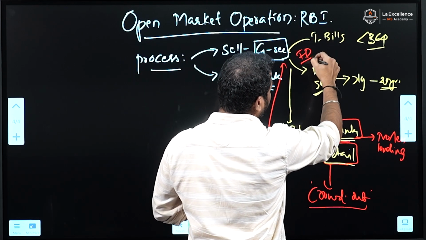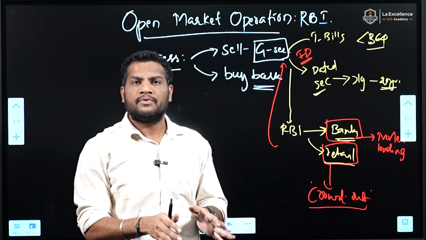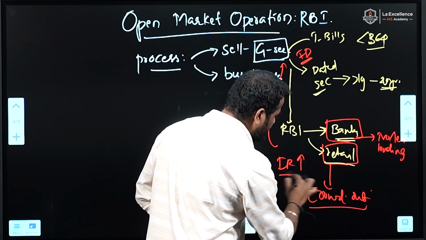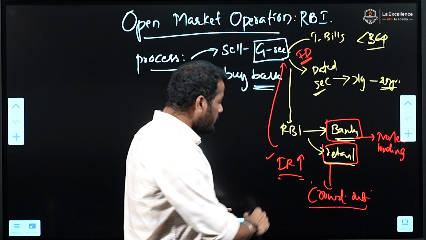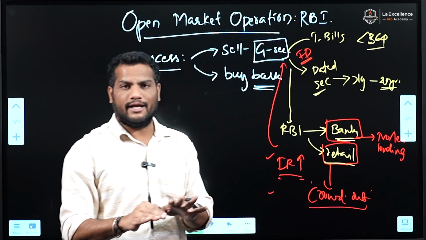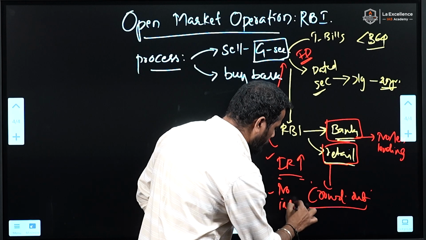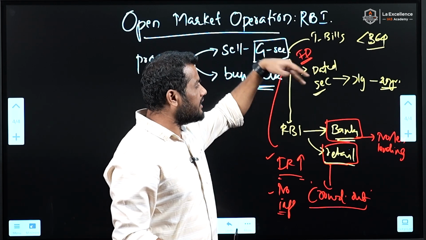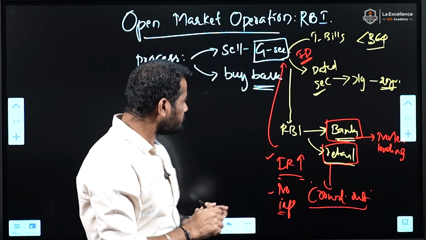Because of this, there is a crowding out effect in the Indian market and a rise in interest rates in the Indian economy. Hence, there will be no inflation in the Indian economy. Hope you are understanding the concept here. This is the first part of G securities, where RBI is selling G securities in the Indian market.